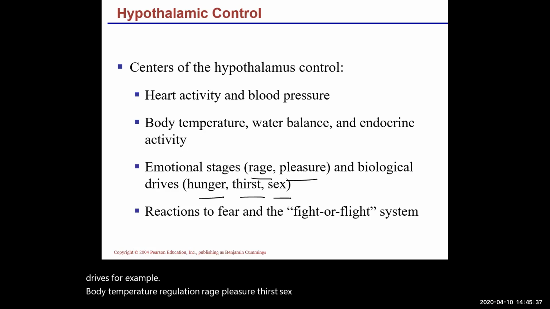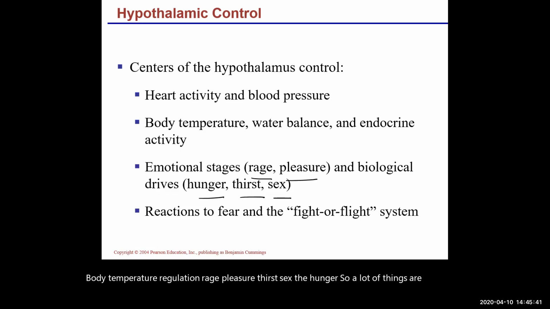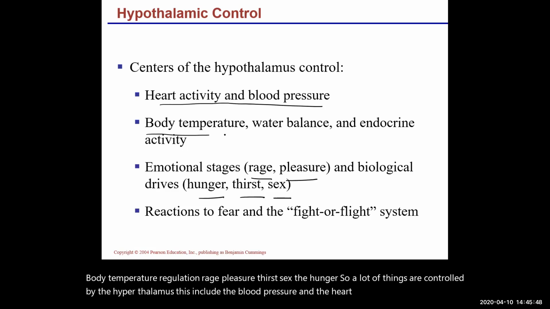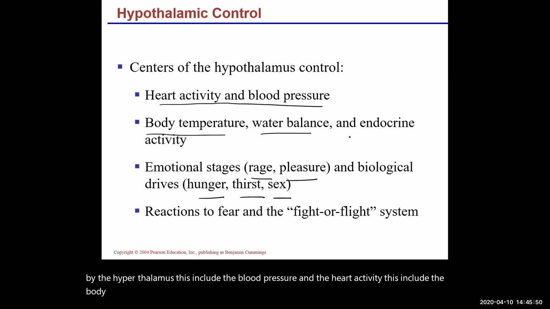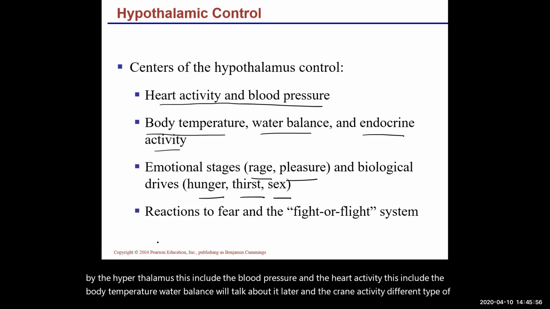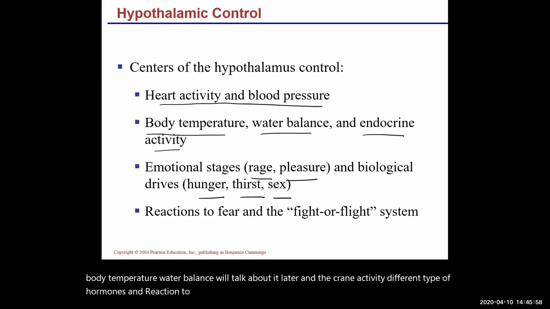So a lot of things are controlled by the hypothalamus. This includes the blood pressure and the heart activity. This includes the body temperature, water balance, we'll talk about it later, endocrine activity, different types of hormones, and the reaction to fear and fight or flight.